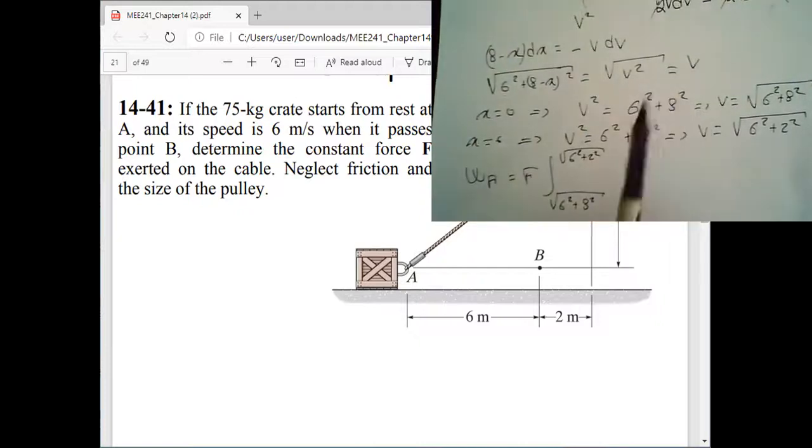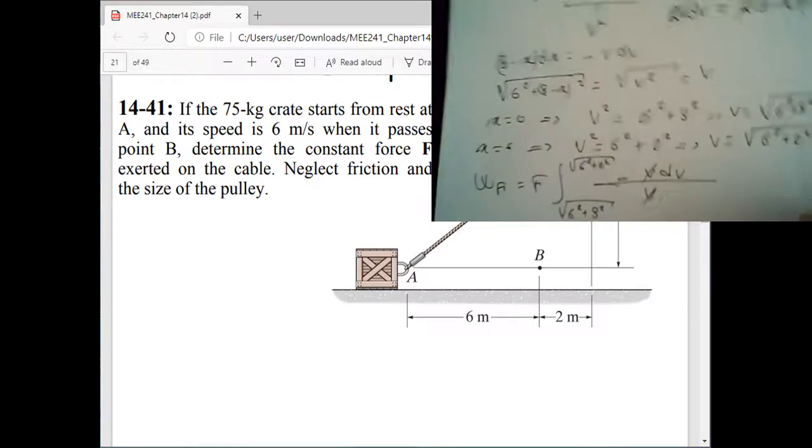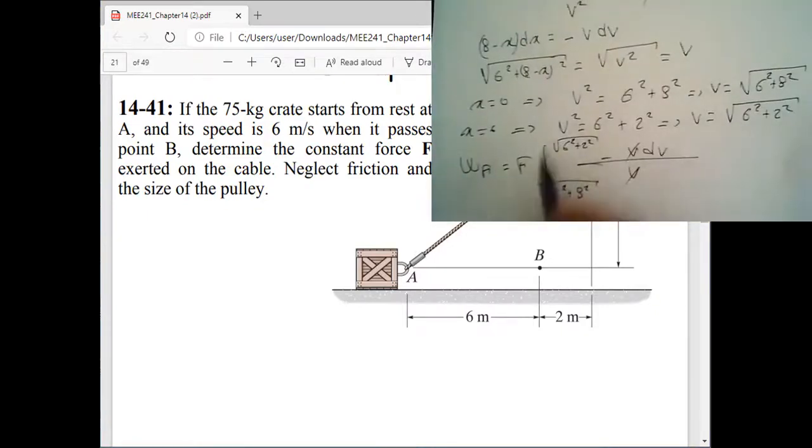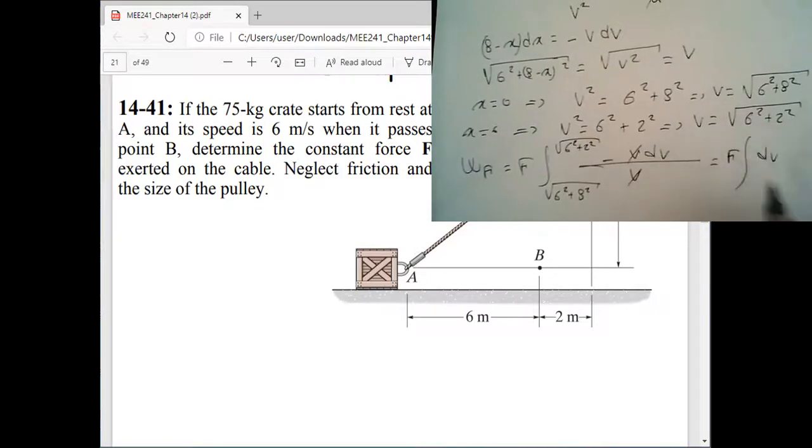And 8 minus x dx is equal to minus v dv divided by v, right? So that's it. The v and v will cancel out, so it simply ends up with minus dv. So we can basically switch these guys. So F dv, at the bottom 6 squared plus 2 squared, and on top 6 squared plus 8 squared.